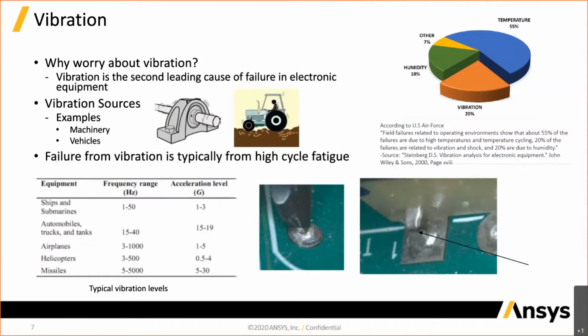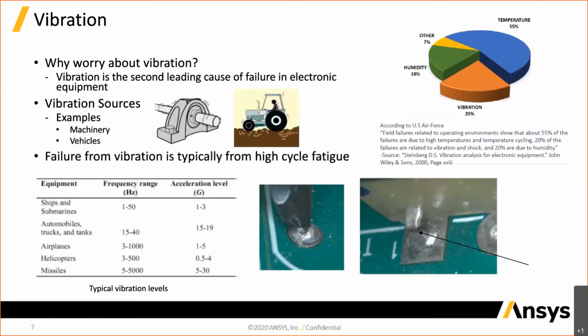And the sources of this vibration can be from multiple areas. Typically, like a vehicle going over a rough surface, or cyclic loads, like a motor control module mounted on the side of an electric motor.